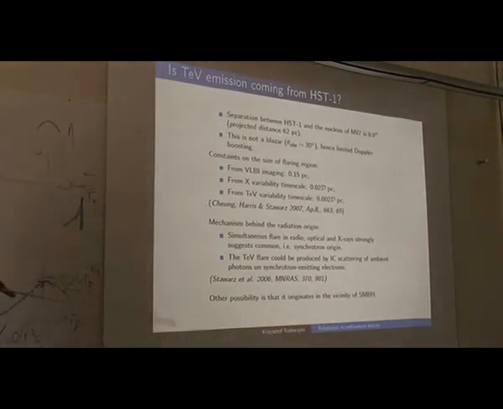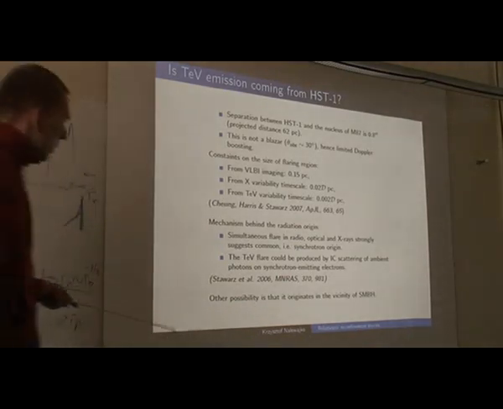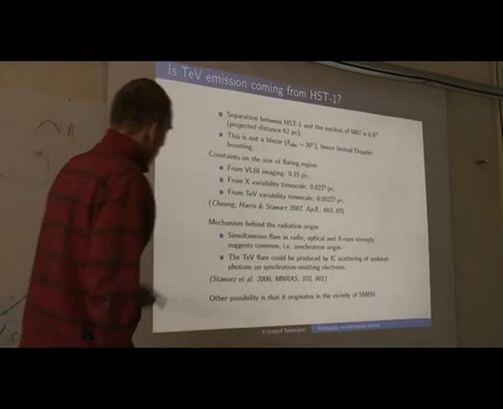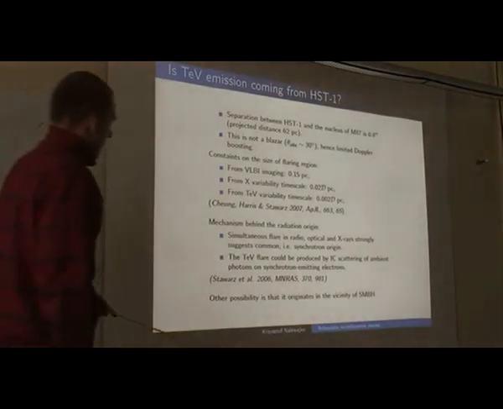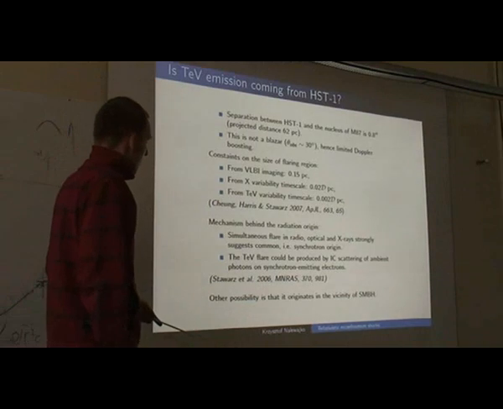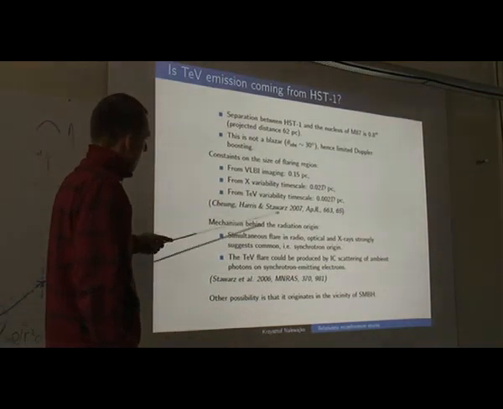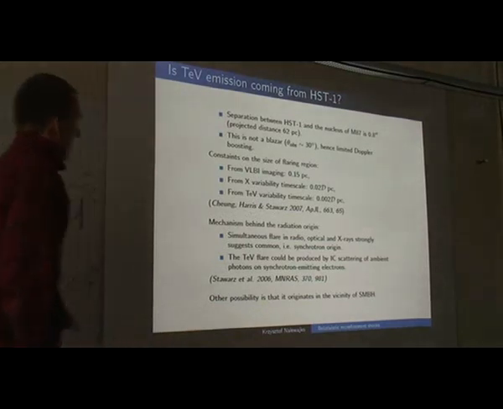For example, it could be stellar emission that would be Comptonized to produce a TeV flare. So mainly the only constraint on the origin of this radiation is the size of the source, which is needed.